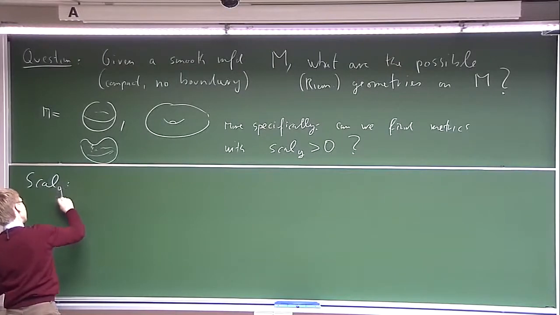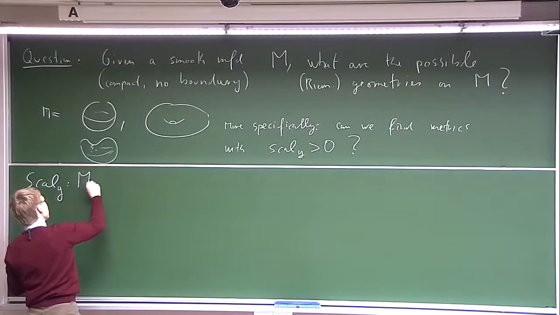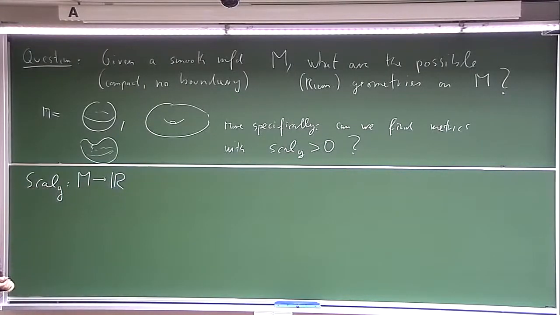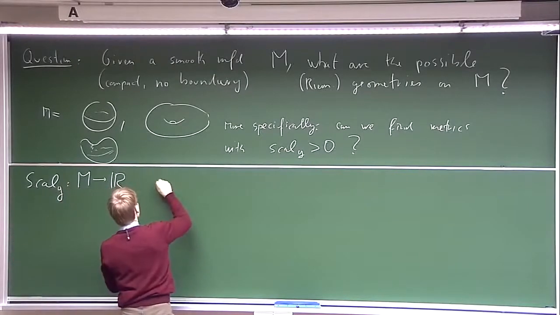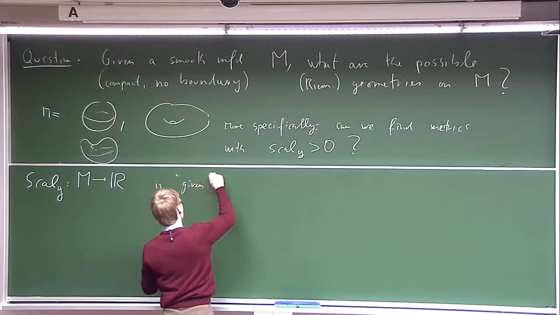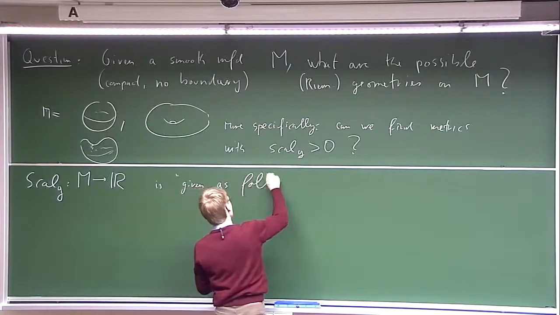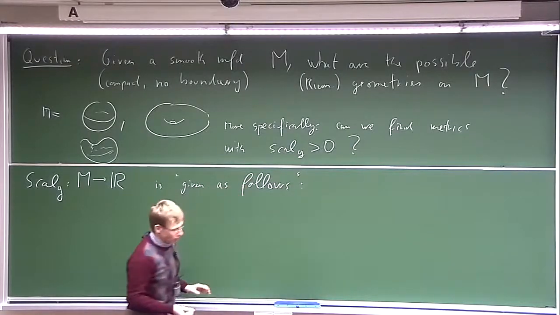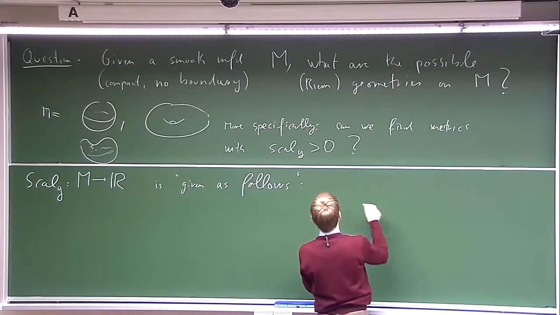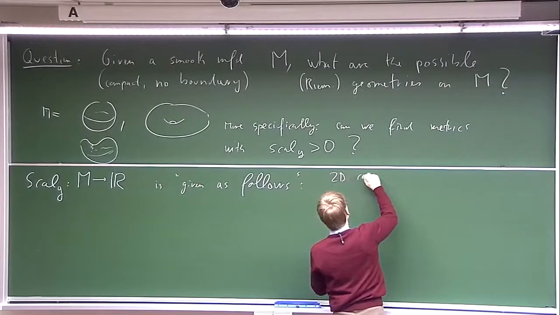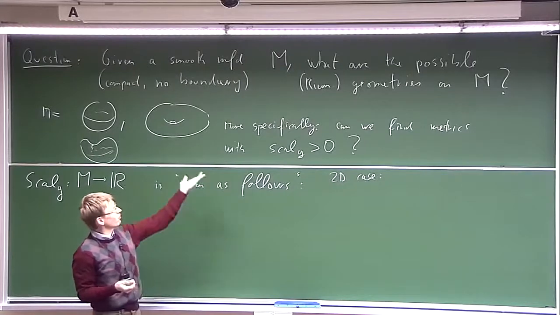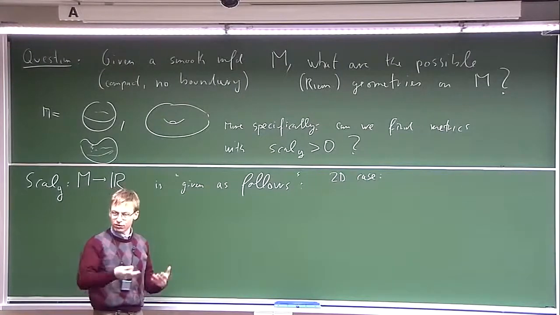Given the Riemannian metric, the scalar curvature is a smooth function on the manifold with values in R, and we should try to understand what this means. It is given as follows. In the 2D case, which is the case where we can draw the pictures, I'm just describing the three pictures which describe the difference between positive and negative, and intermediately we have, of course, 0.